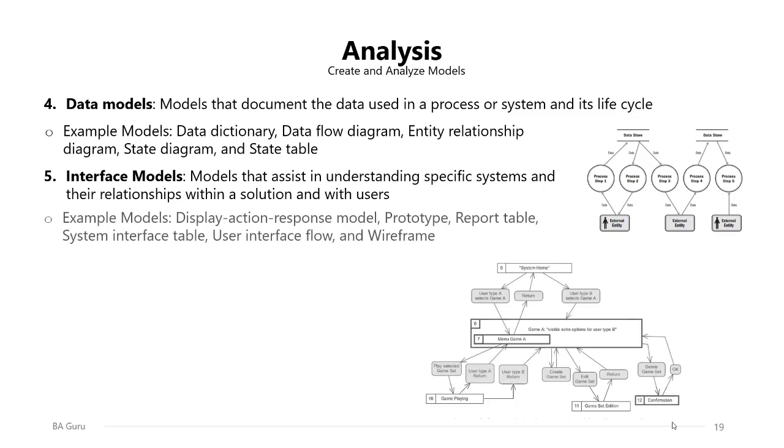Examples of the interface models include the display action response model, prototype, report table, system interface table, user interface flow, and wire frames. All these are examples of interface models. So there are more than 17 or 18 models that I will be covering in this lecture. And in the PMI PBA exam, you should expect at least 1 or 2 questions about each of those different types of models.